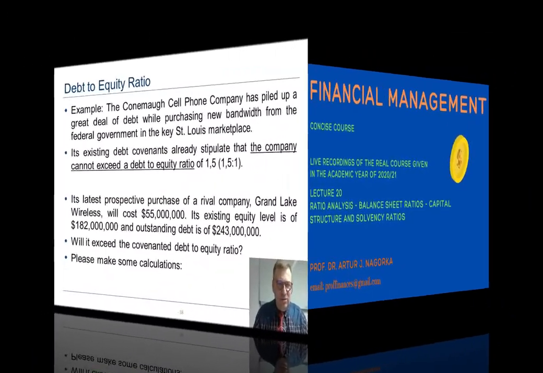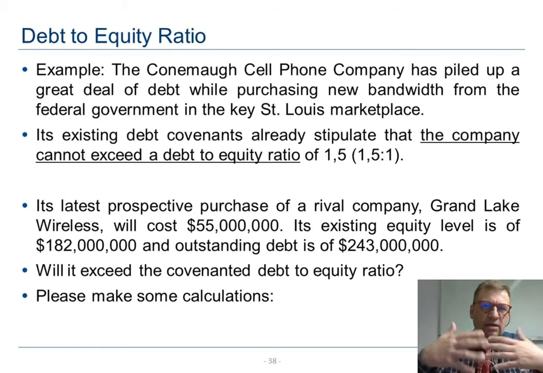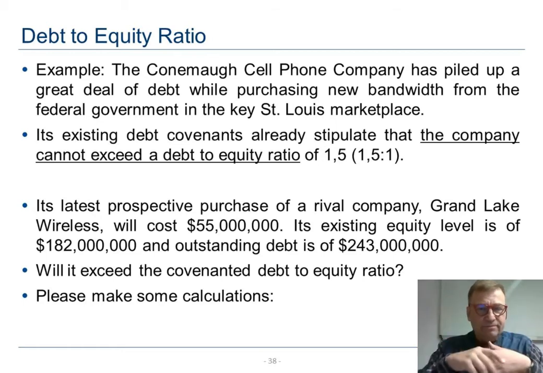This example, debt to equity ratio. Look, this is a very nice case. We have the company called Conmo, a cell phone company, and they have a lot of debt already. Because they have this debt, there is a covenant, which means the guarantees, more or less.